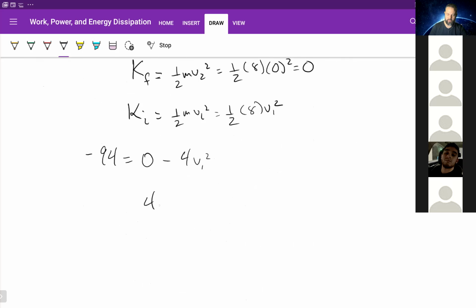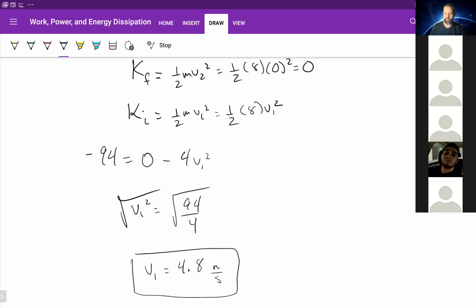So we have v1 squared equal to 94 divided by 4. Take the square root, and you should get that v1 is equal to 4.8 meters per second. All right, so that's just algebra at that point.